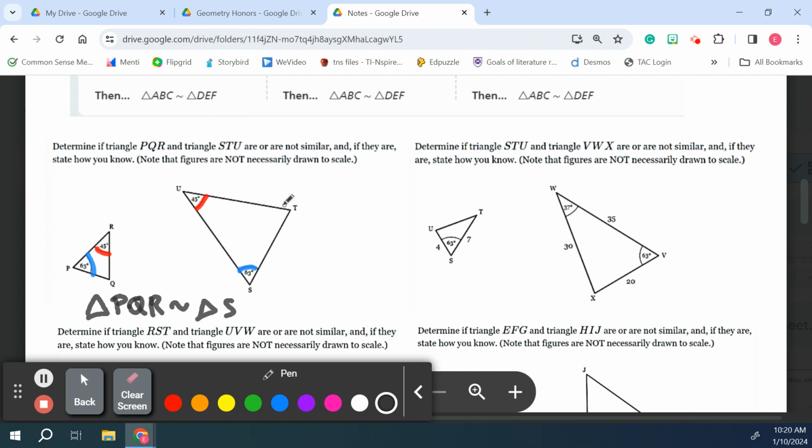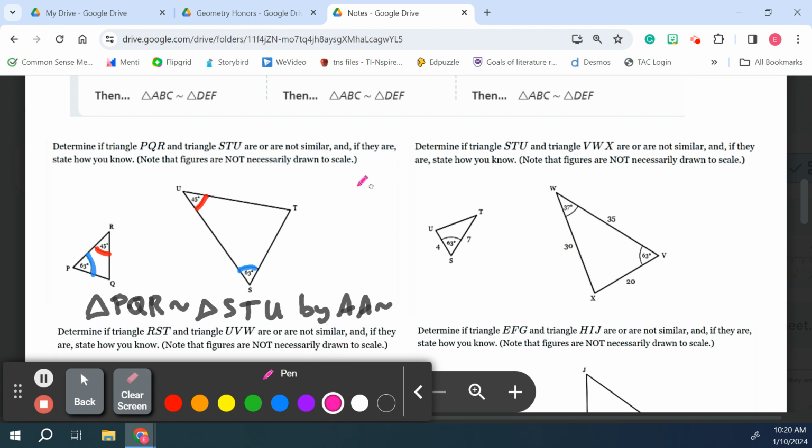Then I'm going to go to T, and I'm going to go to U, and we're going to state by angle-angle similarity. Questions on that?